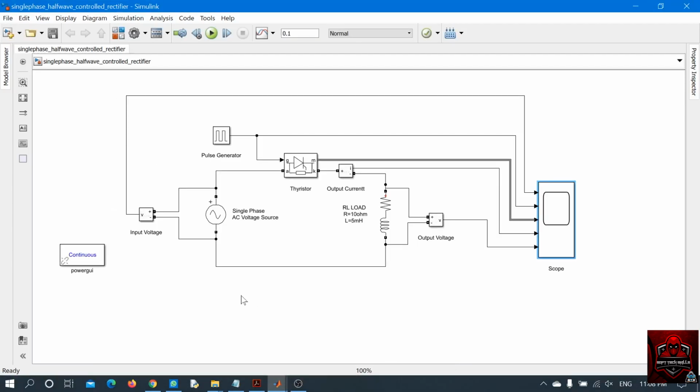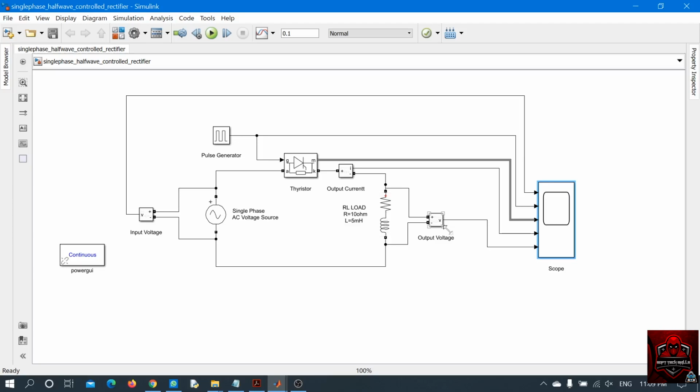Here I have already developed a ready-made circuit. Here is the input voltage source and here is the thyristor. Here is the current measuring block to measure our output current, and the RL load.